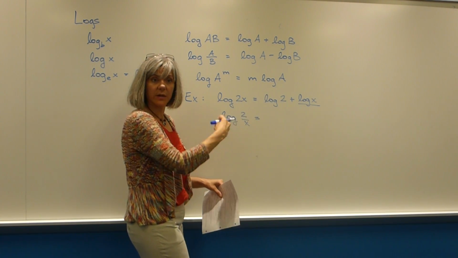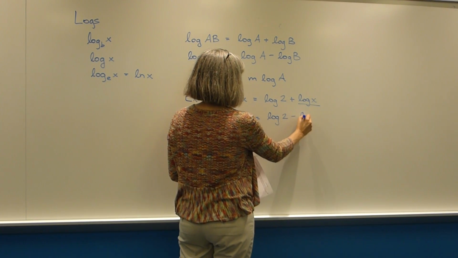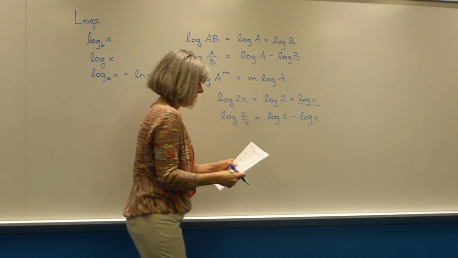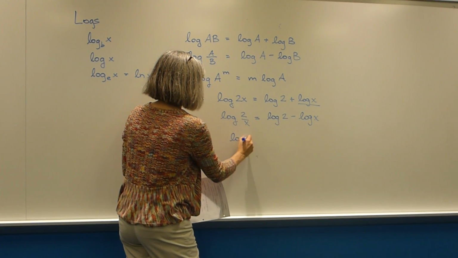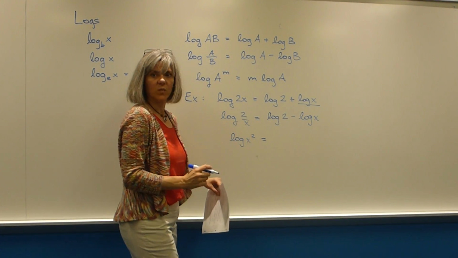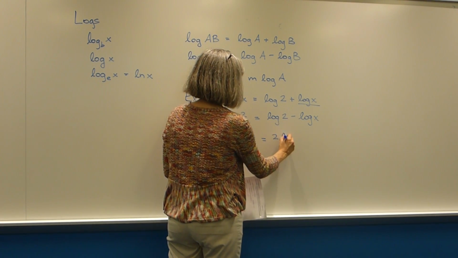The part that's in the denominator is the one that has the minus. So log 2 minus log x. Log x squared. Where can that 2 go? 2 log x. Down in front, so 2 log x.